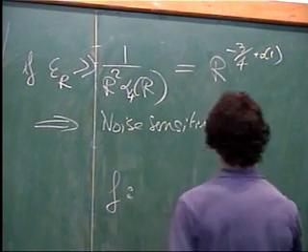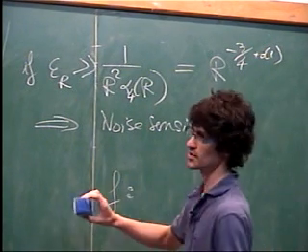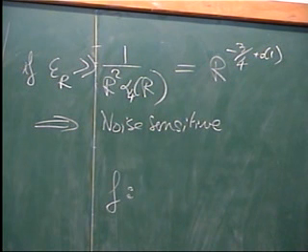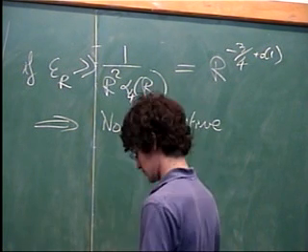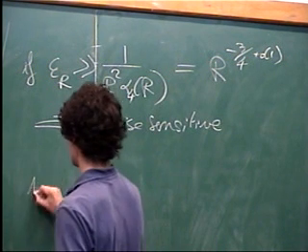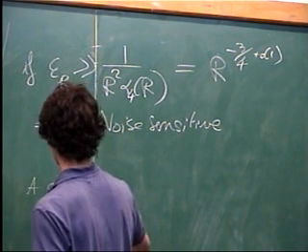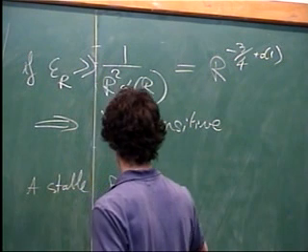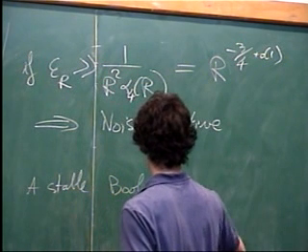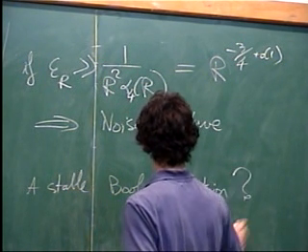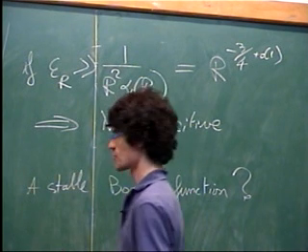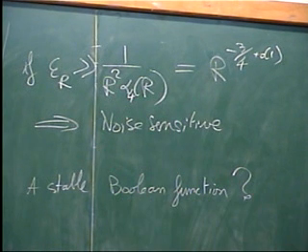Well, maybe before I should give a simple example of a Boolean function which is very stable. So, a stable Boolean function. Just take the example of a random walk and ask if the random walk at time r is positive or not.